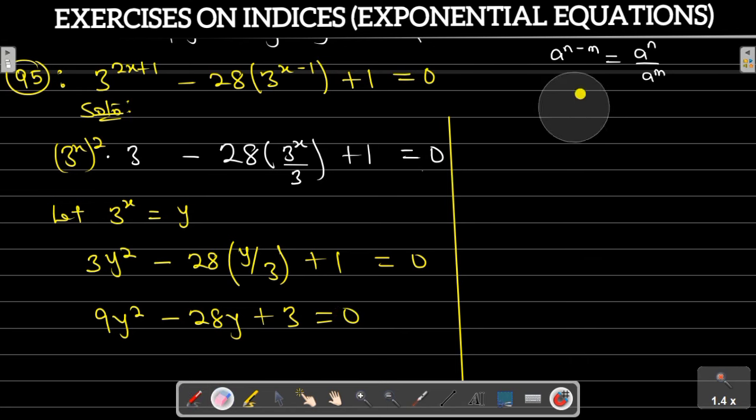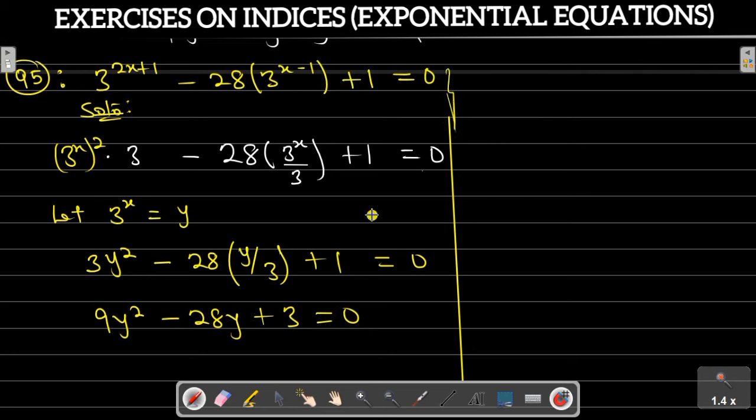At that point, we'll have to solve the quadratic equation that has resulted. You will use 9 to multiply 3, and that will give us 27. So we are looking for two numbers that will add to give us minus 28, and multiply to give us 27. All the examples we've been doing are almost looking alike, which is minus 27 and minus 1.